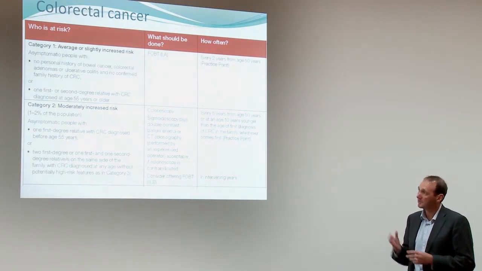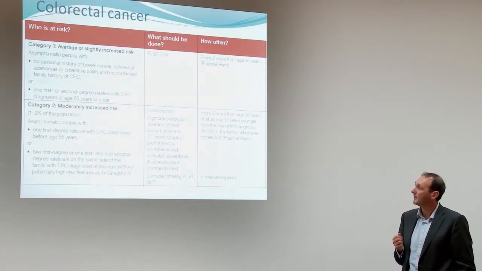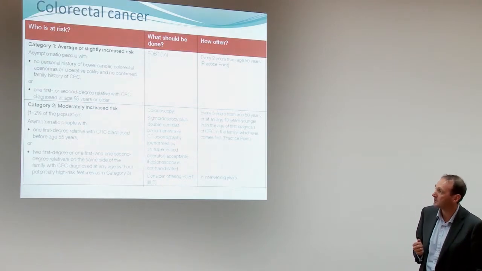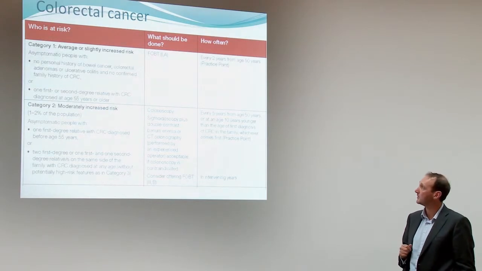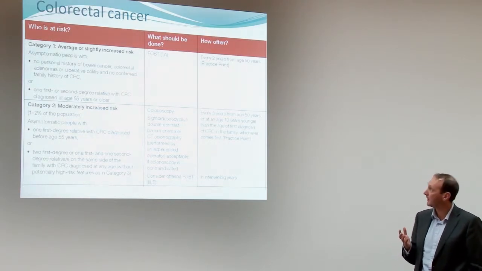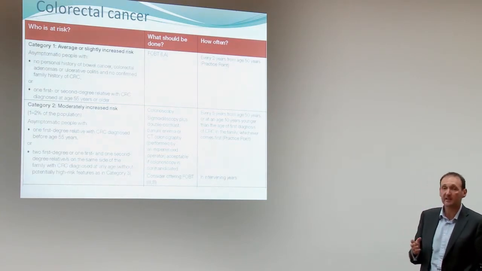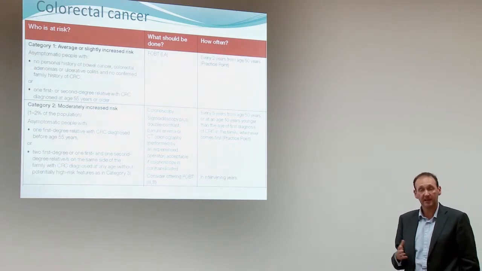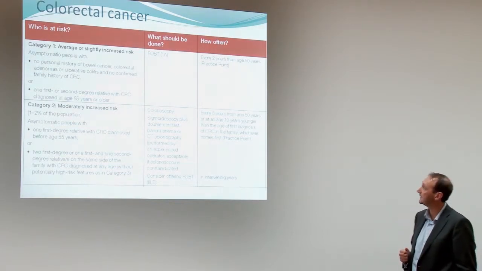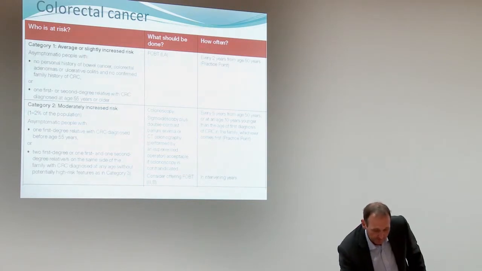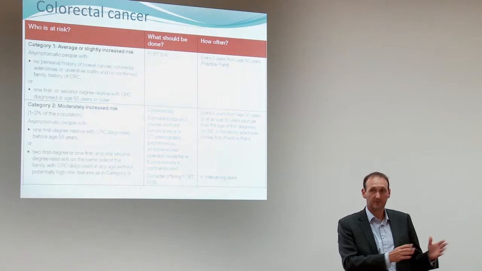So those who are at moderately increased risk, so one first degree relative before the age of 55, or two first or one first or one second degree on the same side at any age, they're the main criteria for moderate risk. And they should be offered colonoscopy every 5 years from the age of 50, or if they had an affected relative before that, then 10 years earlier than the earliest age of onset in the family. And you may want to also be offering FOBT testing in between those colonoscopies.